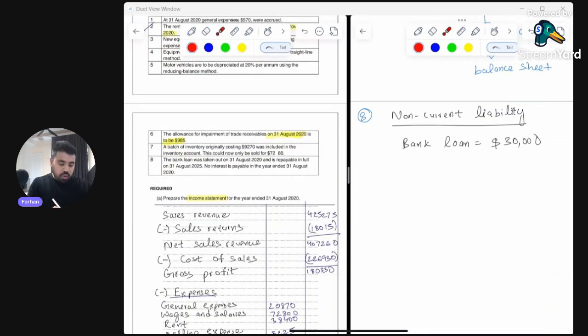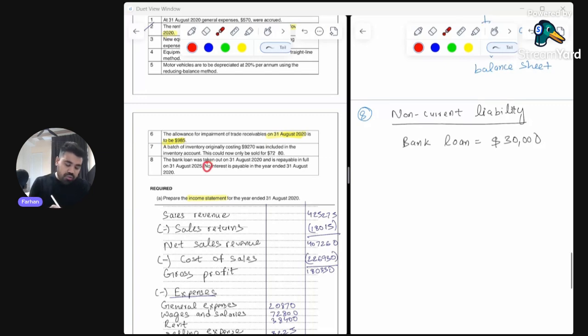All right. Now, the last transaction, the bank loan was taken out on 31st of August 2020, which is basically on the last day of the financial year we're preparing everything for, and is repayable in full on 31st of August 2025. So this bank loan is repayable after 5 years, which is clearly an indication of this bank loan being a non-current liability, which means we do not have to worry about paying it now, but we can pay this off fully after 5 years on 31st of August 2025. The last line says that no interest is payable in the year ended 31st of August 2020, which makes sense because you took the loan today.